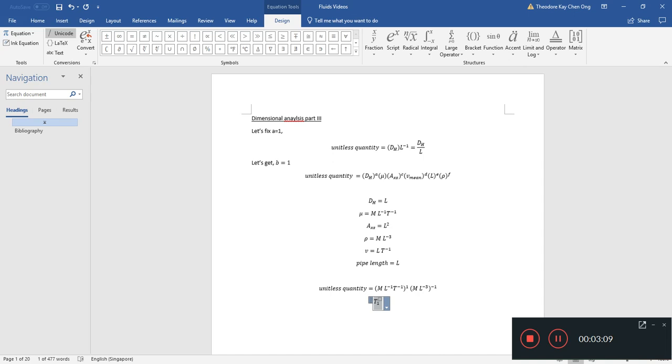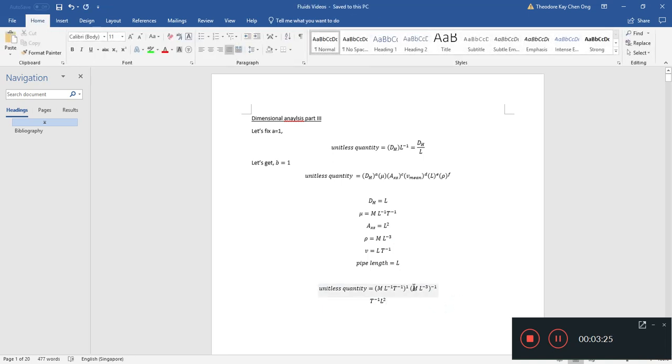Inverse of time, at least. And we also have a length quantity, L squared. Why? Because 3 times minus 1 is 3, and when added to minus 1, it becomes 2.